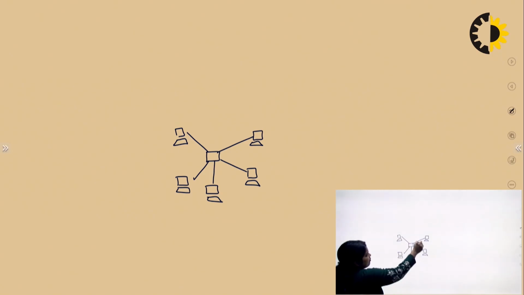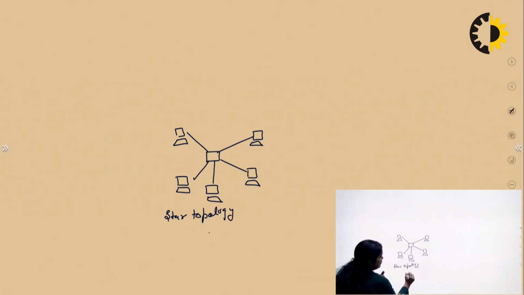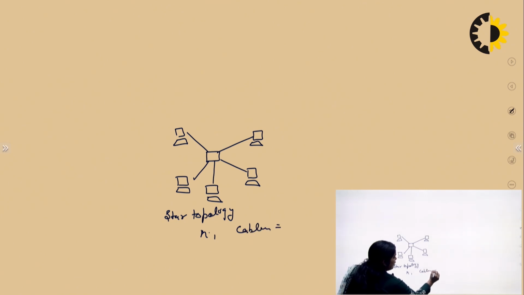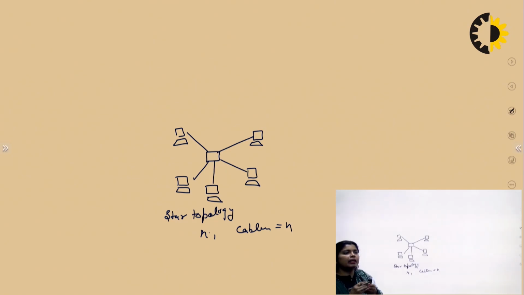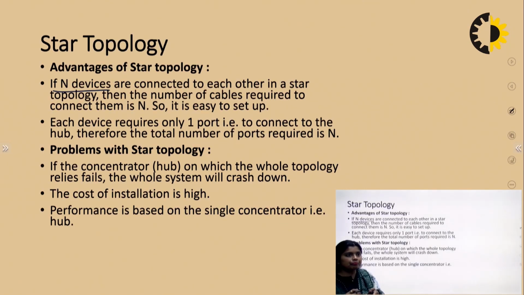If there are 5 devices, 5 cables are required. It means in the star topology, if there are n nodes, then n cables are required, because n nodes are present.